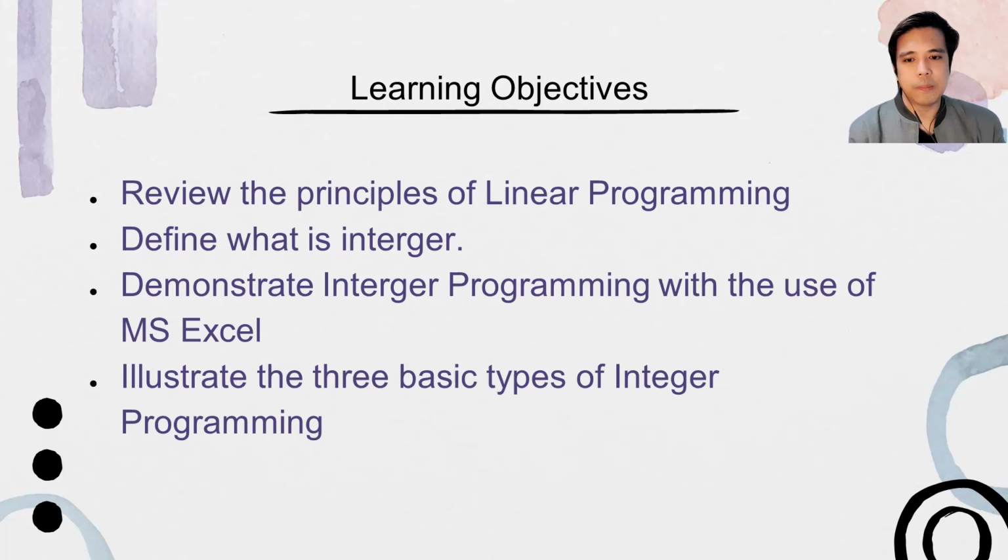Of course, you can only learn that by, number one, checking on the video discussion and then trying to do it yourself. So we have illustrated the three basic types of integer programming: the total integer, 0 to 1 integer, and the mixed integer models. And that's it for the integer programming.